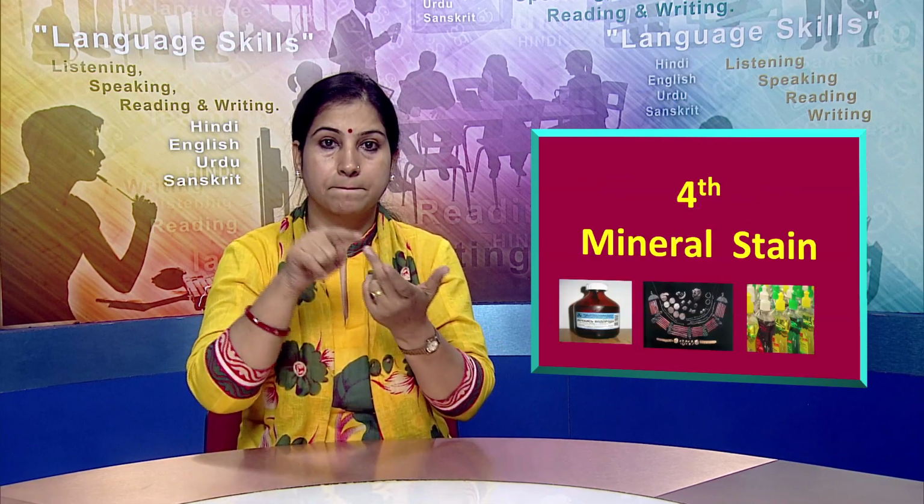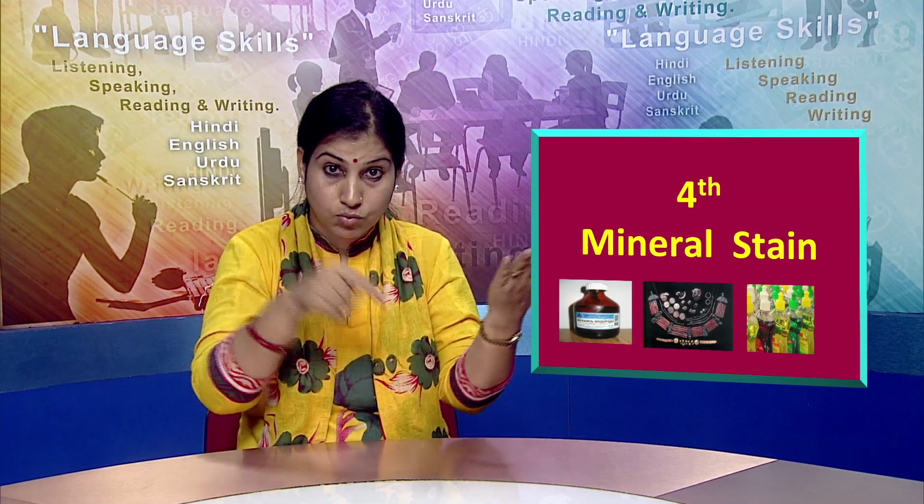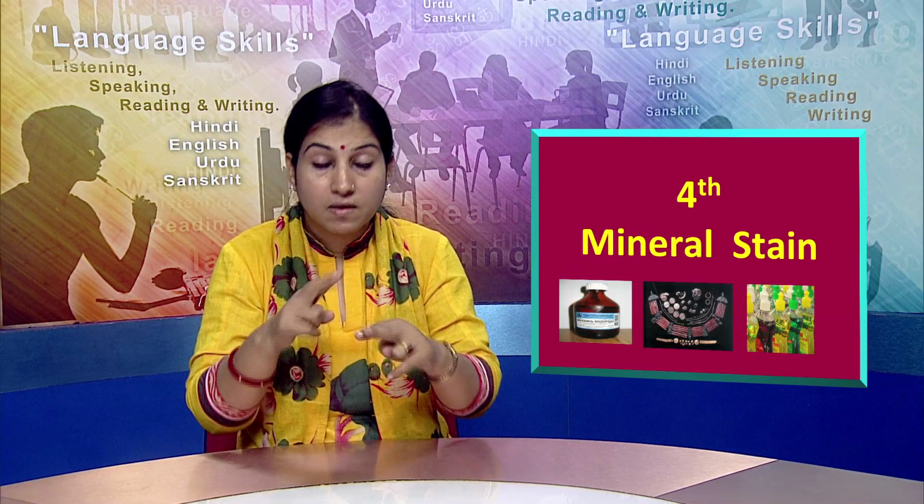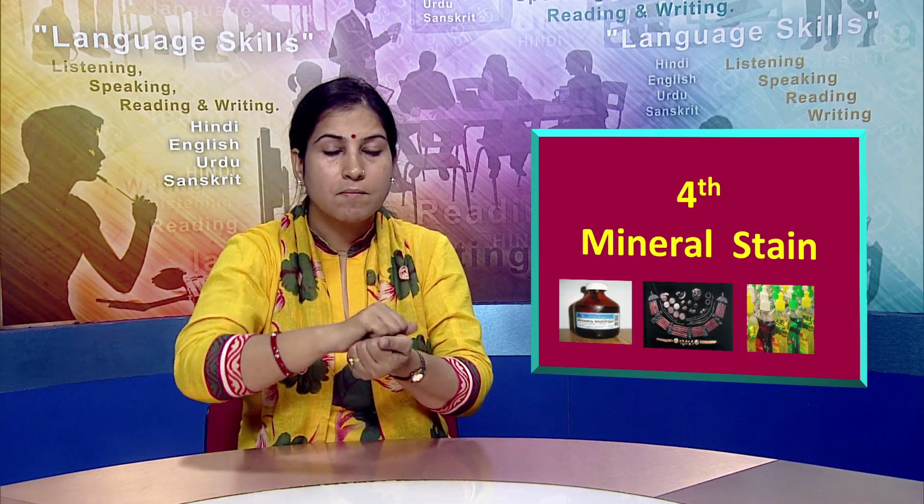Mineral stain, fourth type of category. Iron rust. In case of white cotton cloth, if the stain is fresh, rub lime juice and salt.